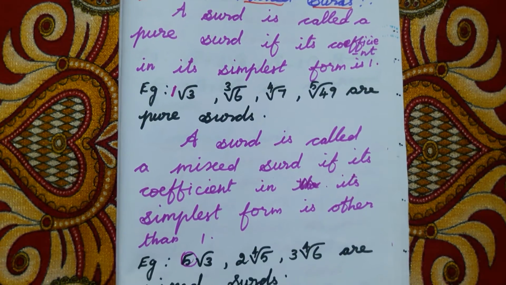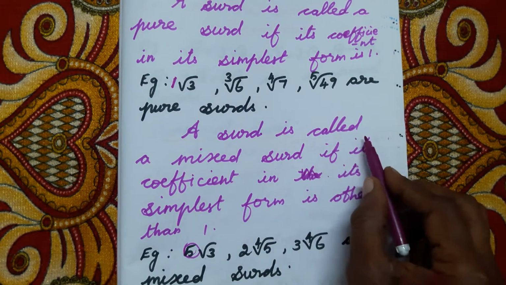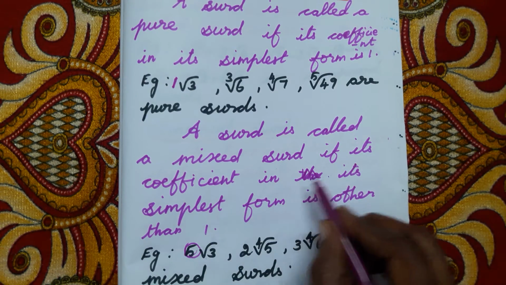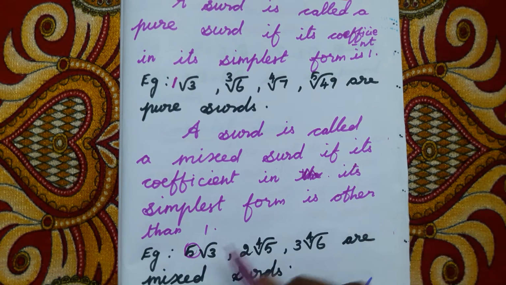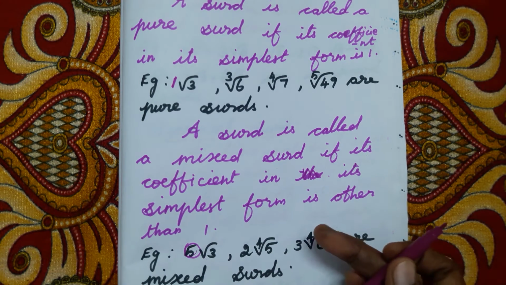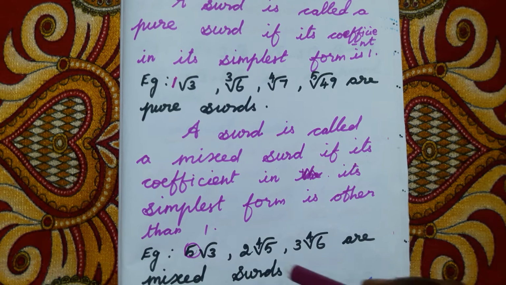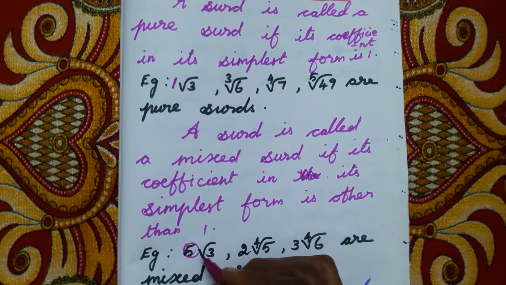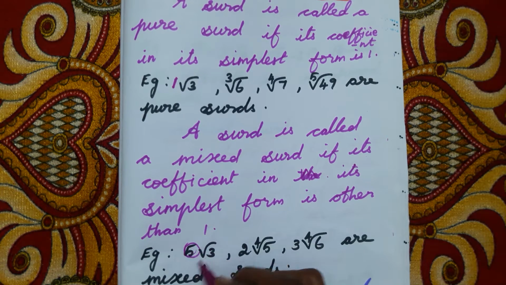Next, mixed surds. A surd is called a mixed surd if its coefficient in its simplest form is other than 1. If the coefficient of the surd is other than 1, we can say that it is a mixed surd. For example, 5 root 3, the coefficient is 5.